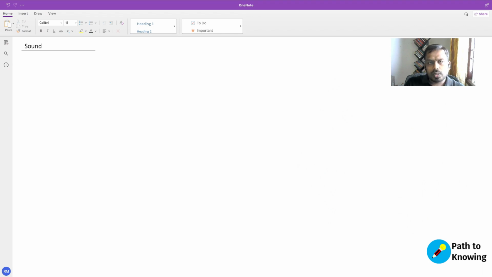Again, just the way it is generated from vibration of an object, sound is propagated by vibrating the particles nearby, right? So, take the example of a tuning fork. It looks something like this.